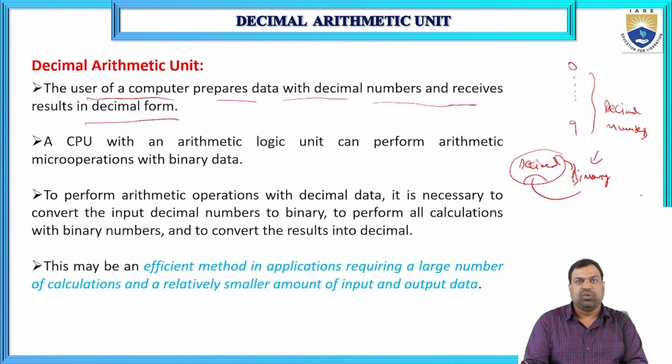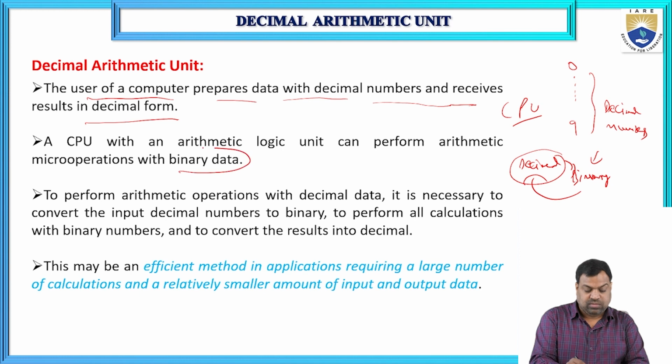But a CPU with an arithmetic logic unit can perform arithmetic microoperations with binary data. Always the CPU can understand binary only. So, we are giving the information through decimal to binary conversion.